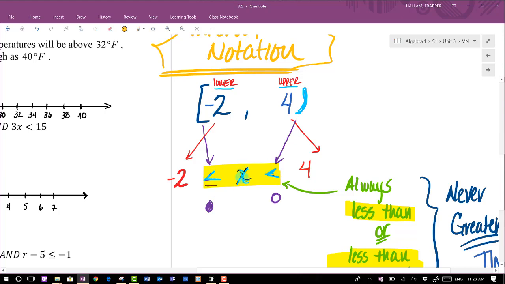We'd always start like that with that yellow highlighted section. And then this bracket, because it's squared, would say include it. This bracket, because it's rounded, would say not to include it. If that looked like a point, we'd get a colored in point. If this looked like a point, we would get an open circle point because it wouldn't be included. So you can quickly translate our bracket notation into what we call interval notation.